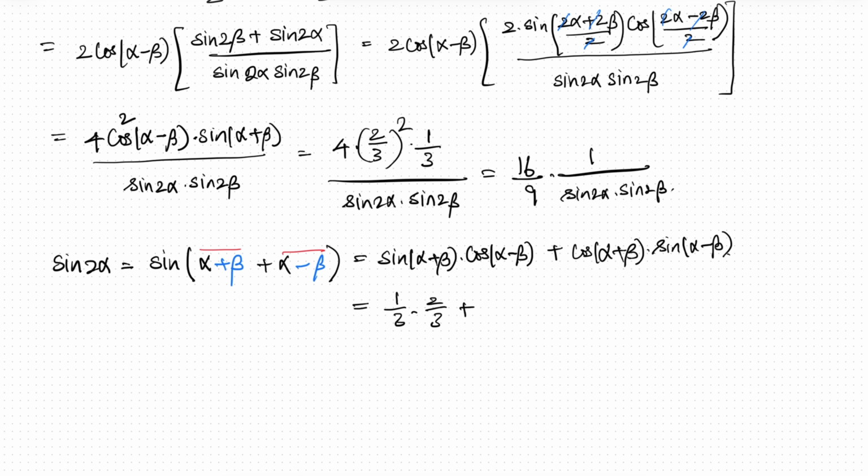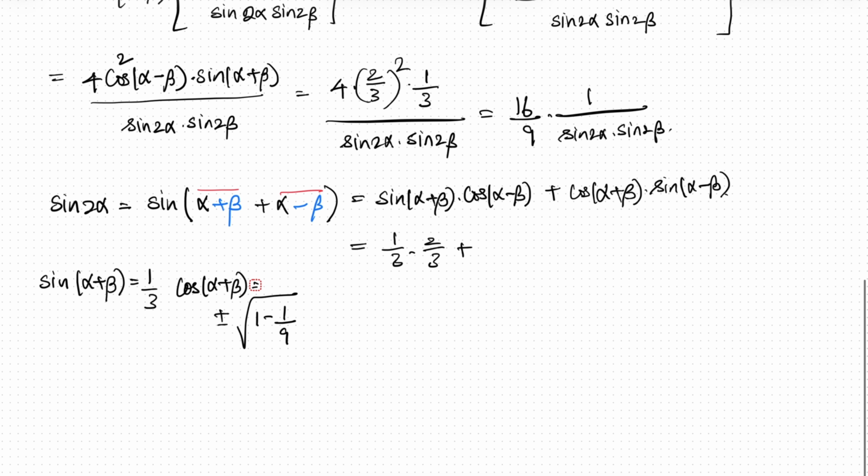We know that sin of alpha plus beta is 1 by 3, so cos of alpha plus beta would be plus or minus root over 1 minus 1 by 9, because we are using the identity sin square theta plus cos square theta equals 1. Which is plus or minus root over 8 by 9, which is plus or minus 2 root 2 by 3.